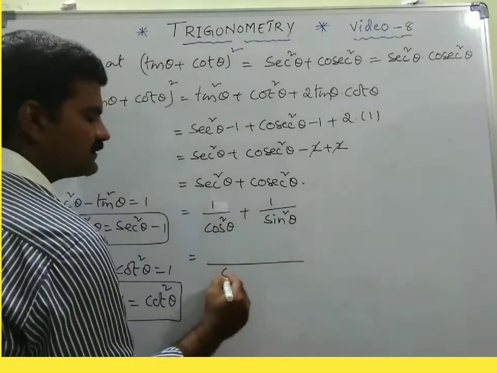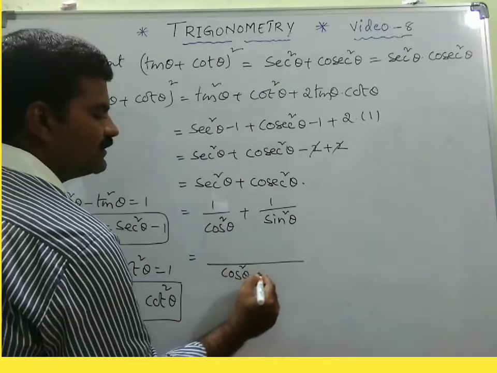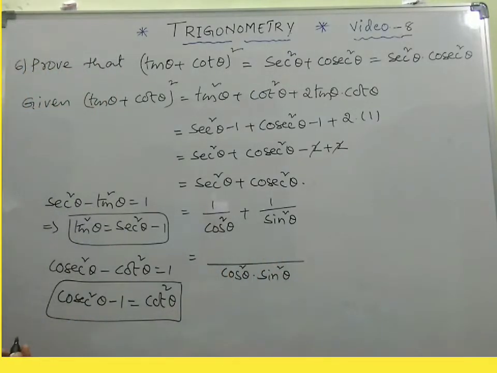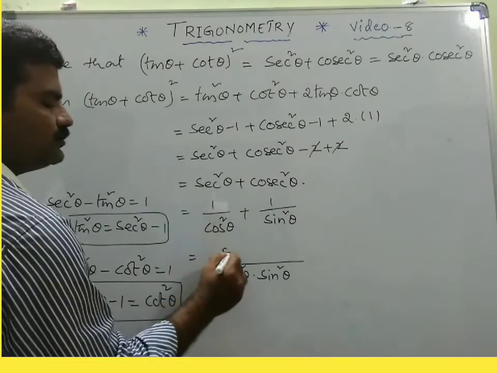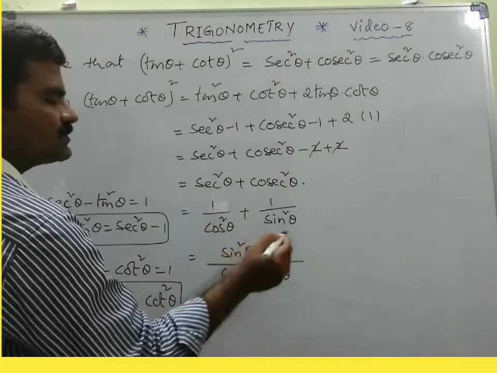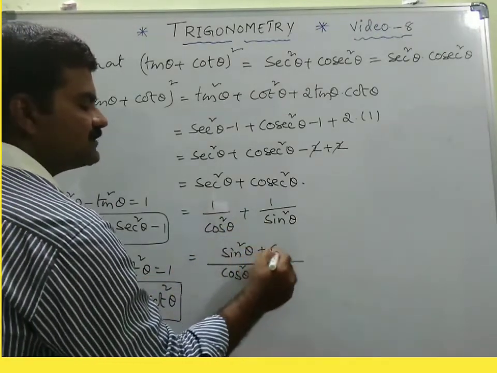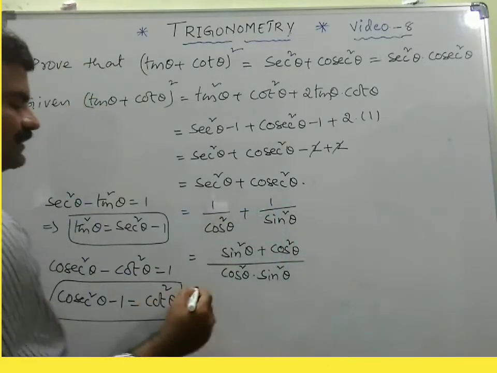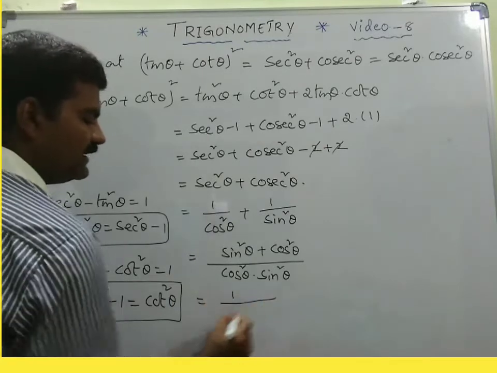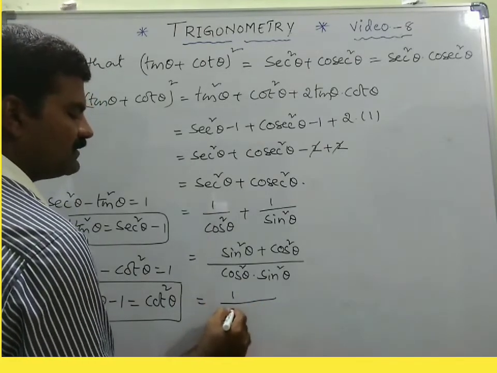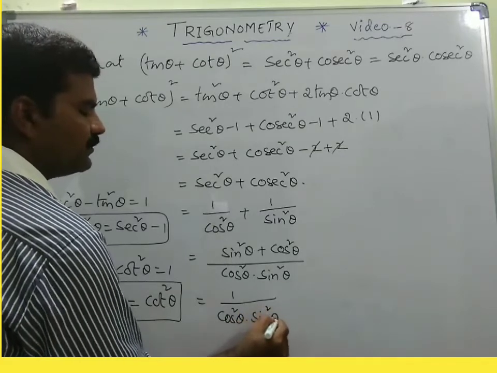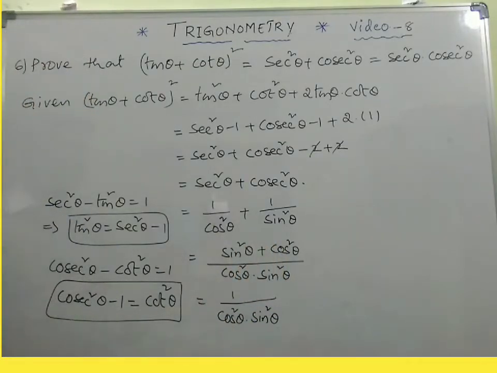LCM is the product of these two, that is cos square into sin square theta. Now what about the numerator? On cross multiplication, it is sin square theta plus cos square theta, which is equal to 1 by cos square theta into sin square theta, right?